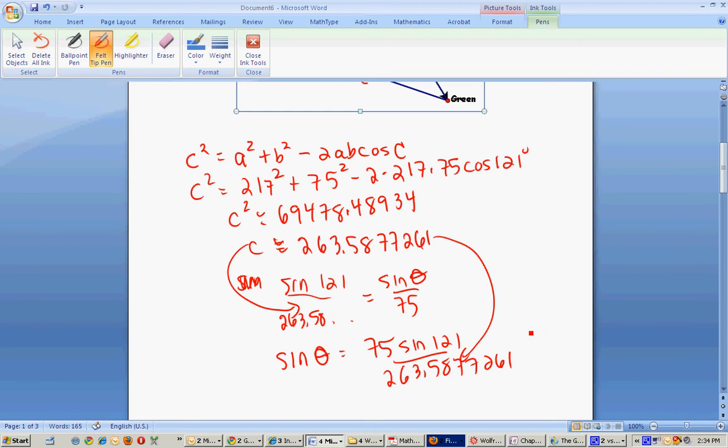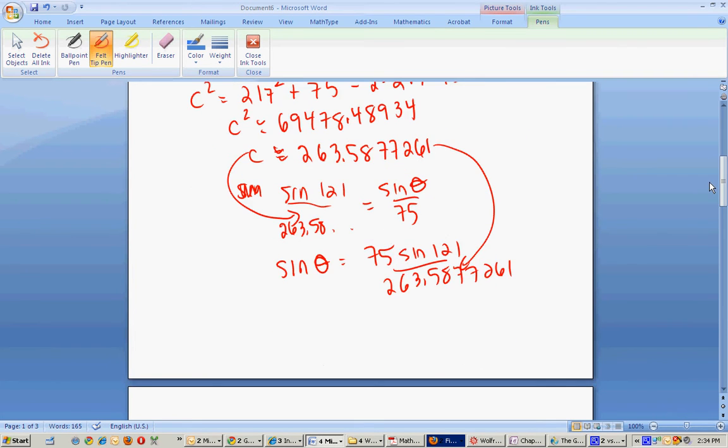263.5877261. So when I plow all that into my calculator, 75 times the sine of 121 divided by this big long number that I already have in my calculator, and I press enter, I get that the sine of theta is approximately 0.24389433137.